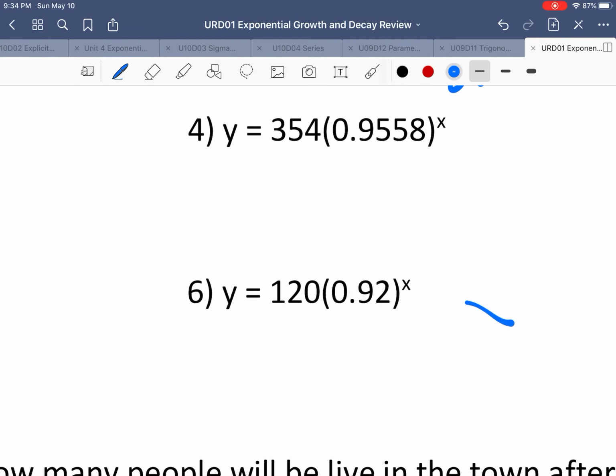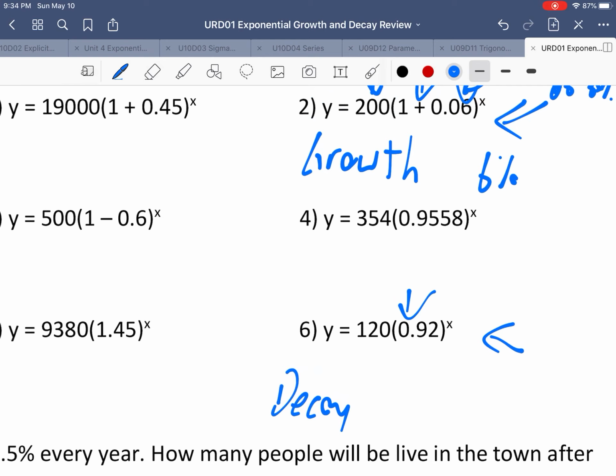Number 6, on the other hand, is a little bit of a trickier problem. You might be tempted, this is definitely a decay because this number is less than 1. Like this one's less than 1 as well, problem number 3, but problem number 6 is also decay. But this one is written where the two numbers are combined already, just like in the problem in the do now assignment, where the scale factor was actually 3, but the rate of increase was 200%.